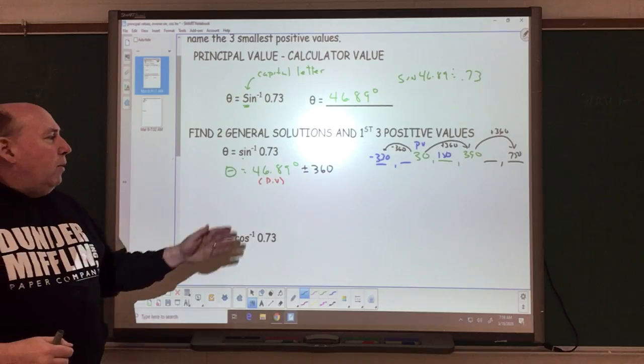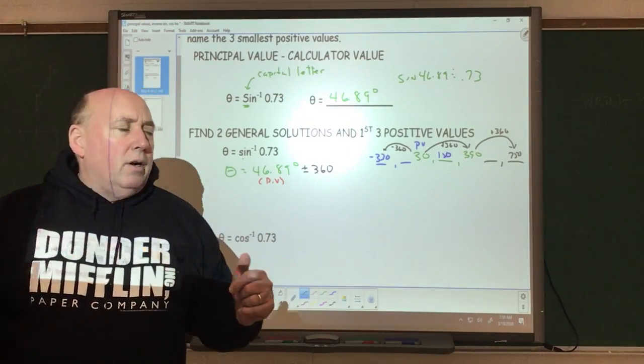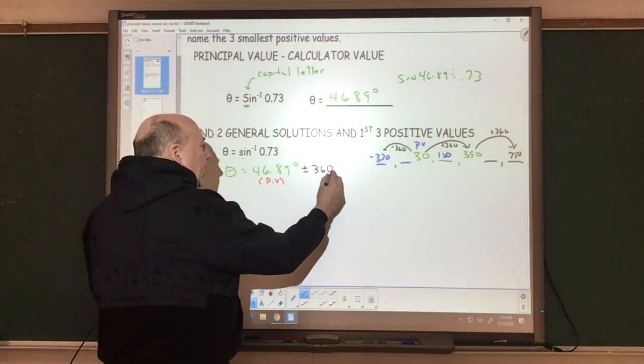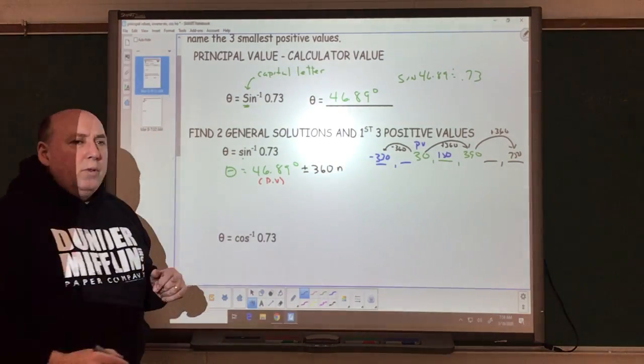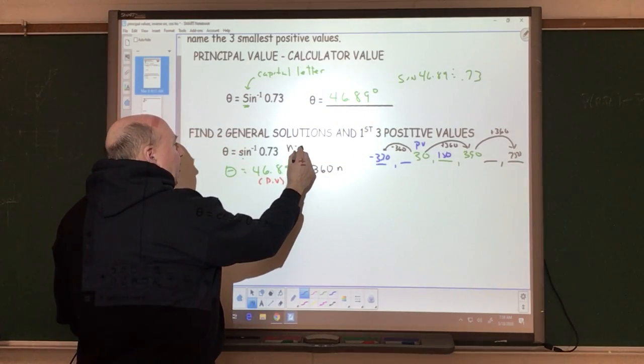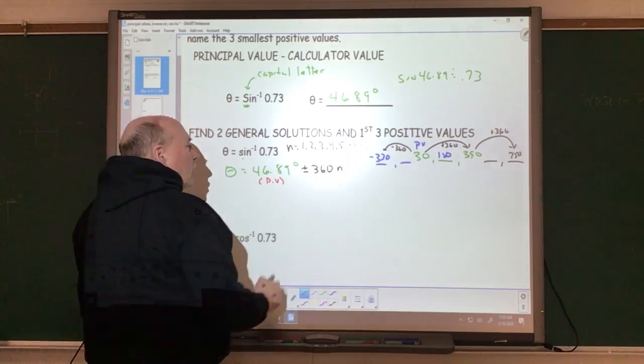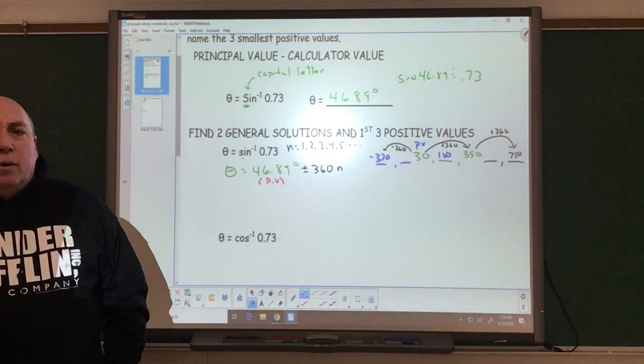Now, how we signify that we can get an infinite number of solutions here is we put a letter n in here, where n is a value of 1, 2, 3, 4, 5, and so on. It is a counting number.